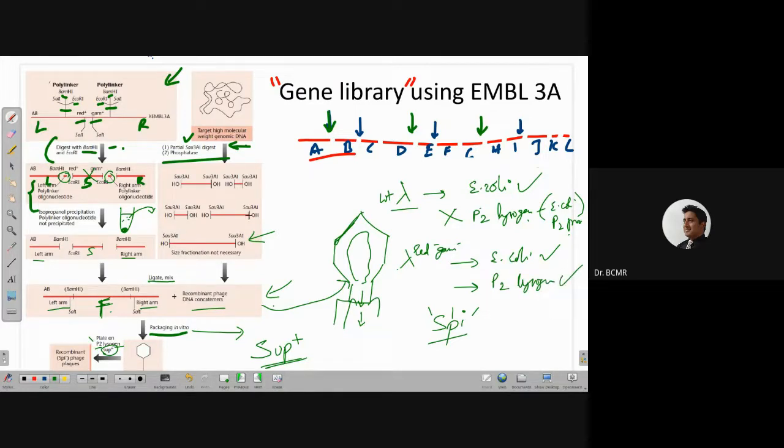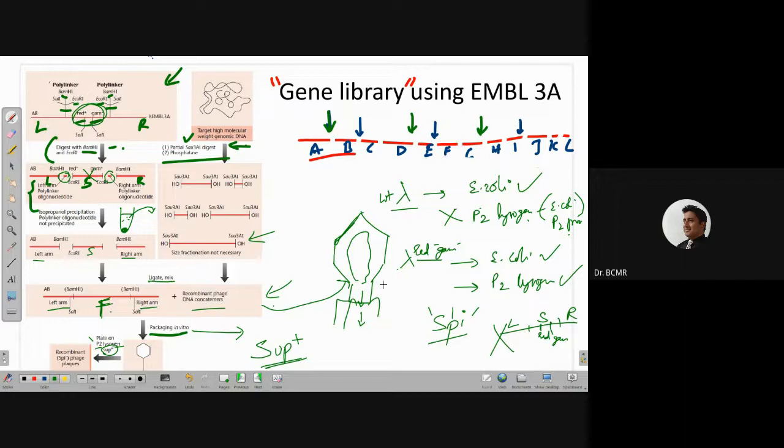That is the reason why red and gam are present in the stuffer region. If by mistake or some other way there is a recombinant, where something gets packaged with the left arm, stuffer region and right arm, because the stuffer region has red and gam, it will not form a plaque.